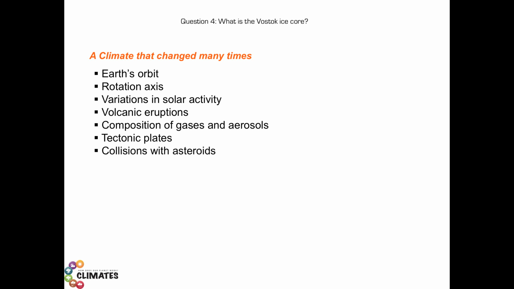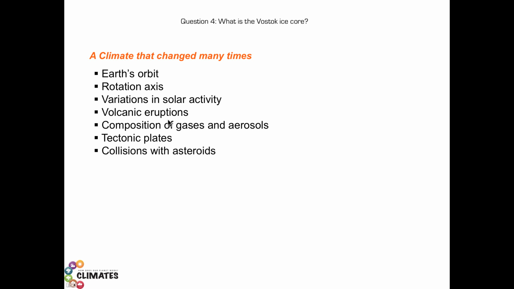With this information, scientists are able to study the past climate of the Earth, and they have noticed that it changed regularly and many times. They studied these changes. Many causes explain the changes. We have already mentioned some of them, such as the change in the Earth's orbit, the change in the rotation axis angle, variations in solar activity, appearance of volcanic eruptions.